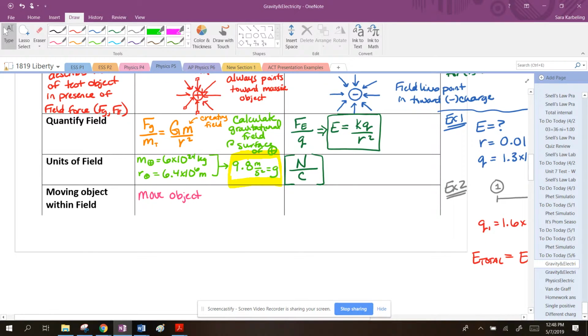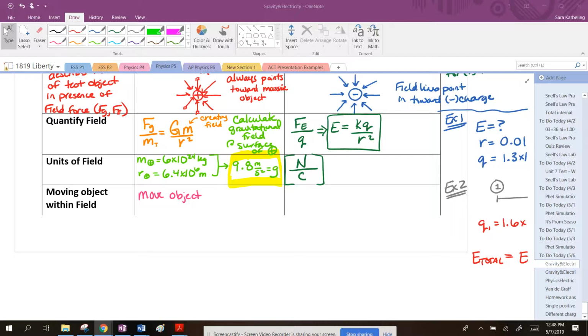If I move an object in an opposite direction of the arrows of the field, what did you just tell me I'm doing? Work. Indeed.